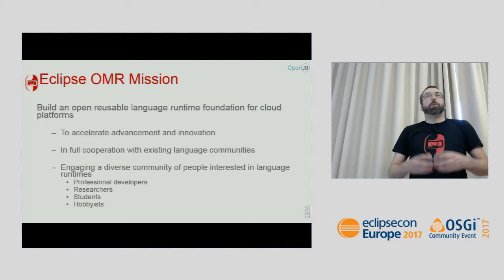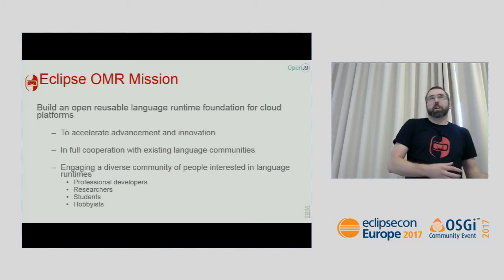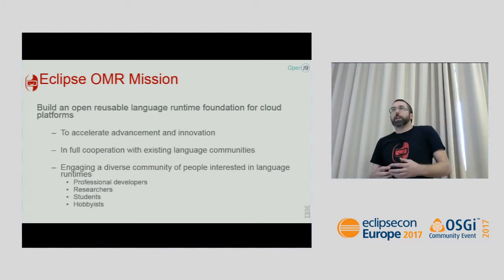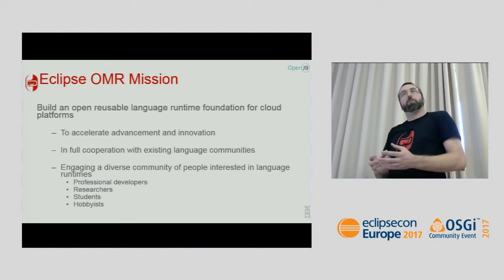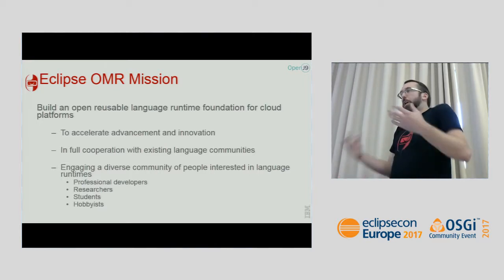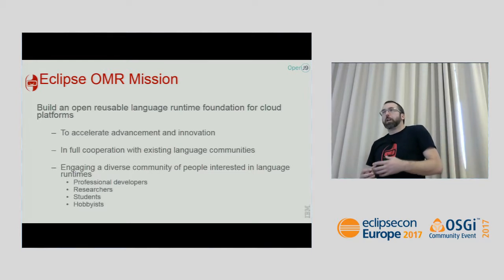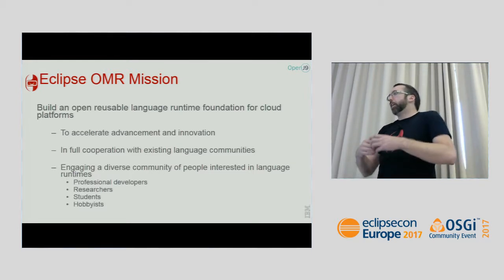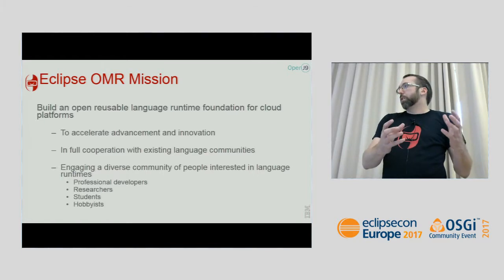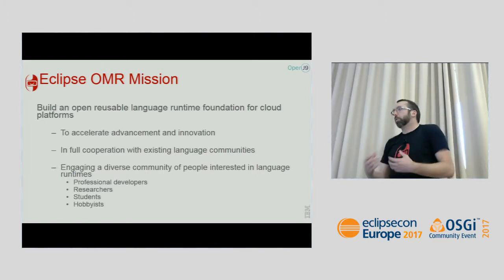They could be consumed in other runtimes. A GC really collects objects. If you tell it what your root set is, it could be used in any runtime. It doesn't matter what the particular runtime is. So we've extrapolated these components out and made them available so other runtimes could pick them up and use them if they'd like to.